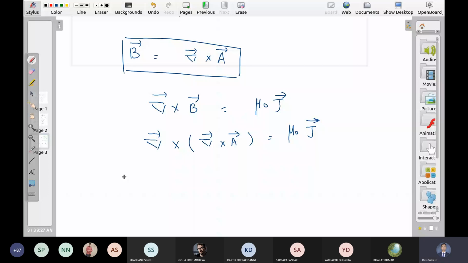Okay. This is del of del dot A minus del dot del of A is equal to mu naught J. Such a not so good looking equation.